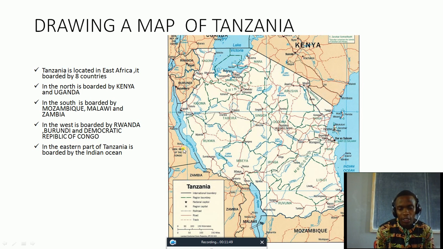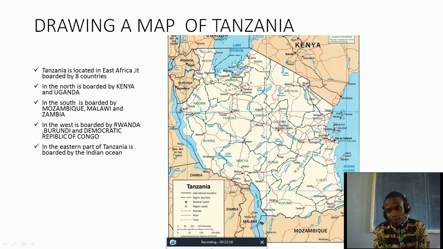So in the south it is bordered by Zambia, Malawi, and Mozambique. Also in the west, it is bordered by Rwanda, Burundi, and the Democratic Republic of Congo.